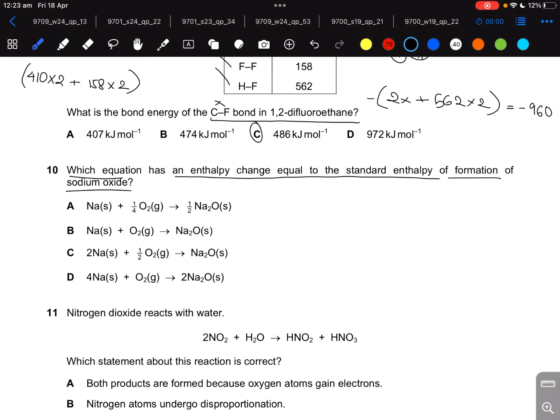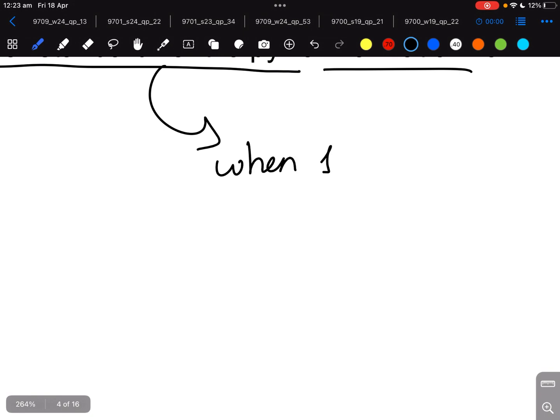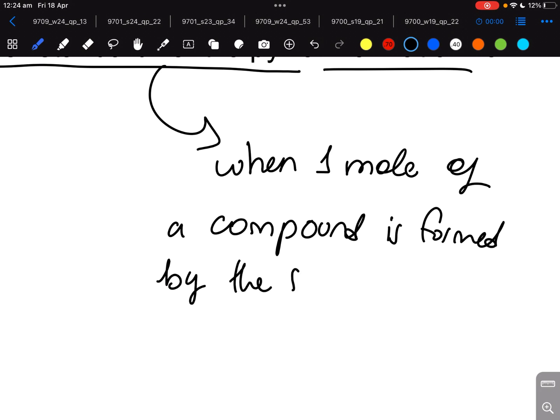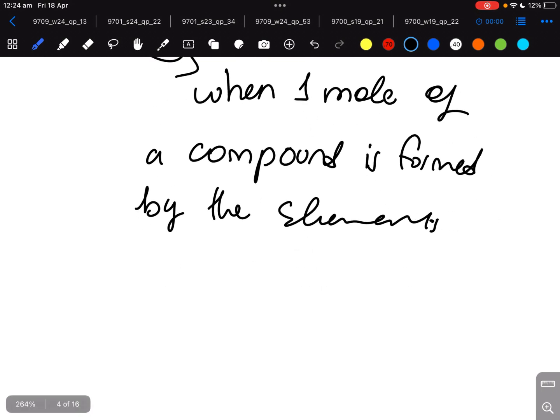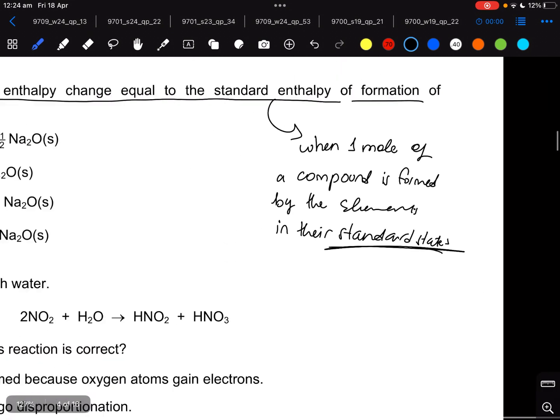So if we look at the definition of the standard enthalpy change of formation, when 1 mole of a compound is formed by the elements in their standard states. It's important to say standard states, not standard conditions.